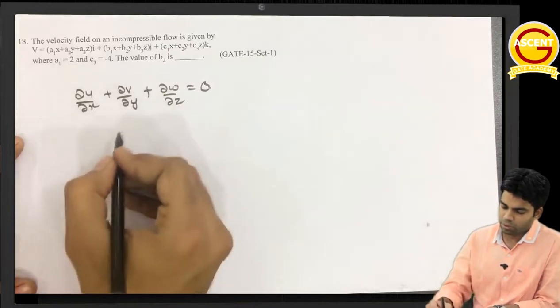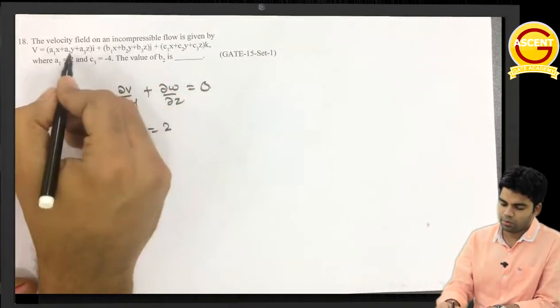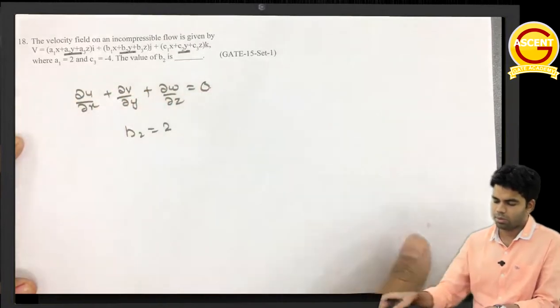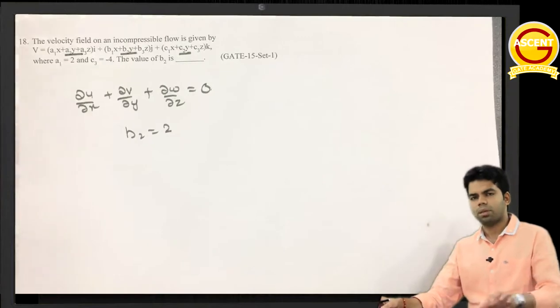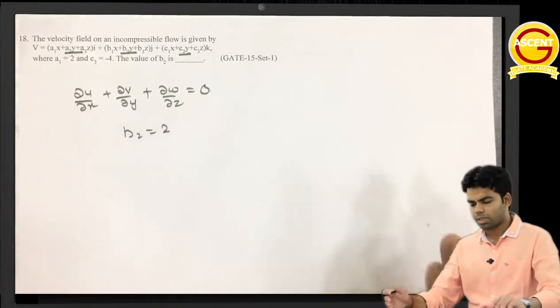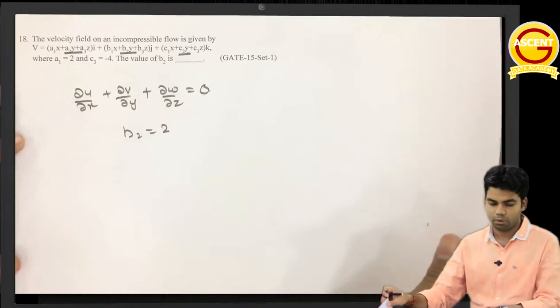I am leaving it up to you. The value of B2 will be equal to 2. You can do it by yourself. This is U, this is V, this is W, simple. Such questions are very much asked in this exam. We have done 4 to 5 such questions on incompressible flow that have appeared in old GATE papers.